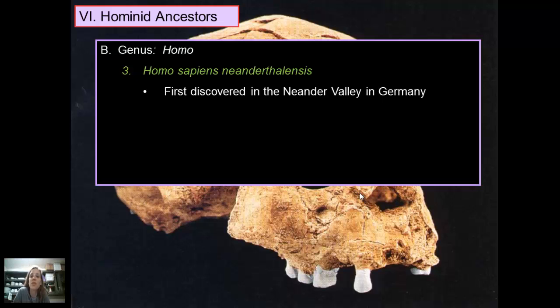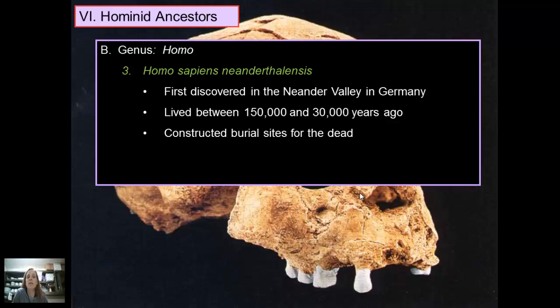Okay, so first discovered in the Neander Valley in Germany, lived about 150,000 to 30,000 years ago, so not that long ago at all. In fact, there's a lot of debate in the scientific community if Neanderthals did actually interbreed with Homo sapiens, and analysis of DNA is beginning to confirm that idea, though it's not solidly confirmed yet.